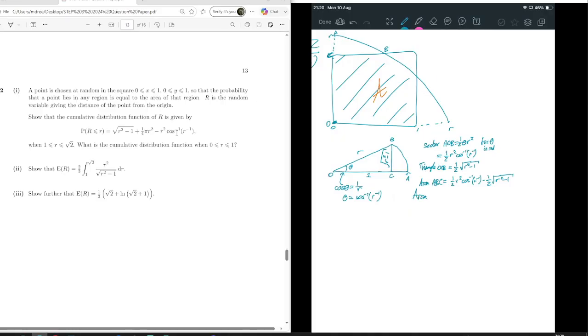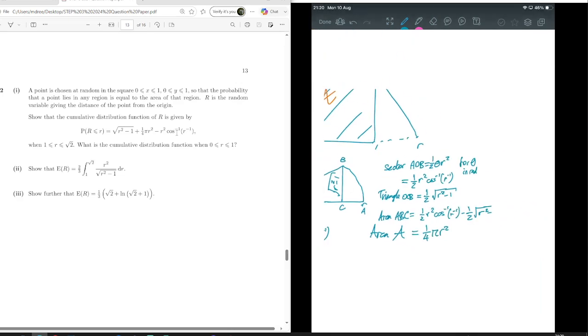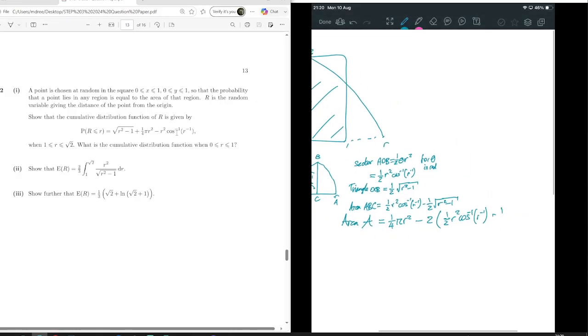So now the area A is given by the entire quarter circle minus 2 lots of that area ABC that we've just worked out. And quite promisingly, we've got a minus minus giving the plus that the question gave.